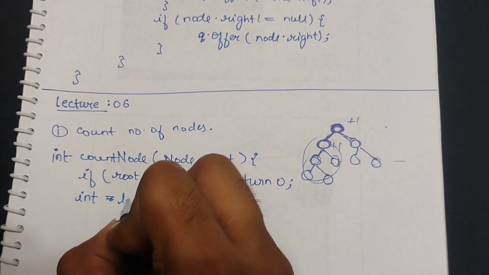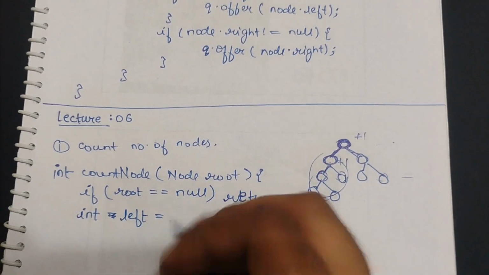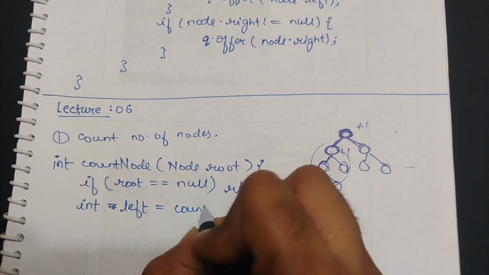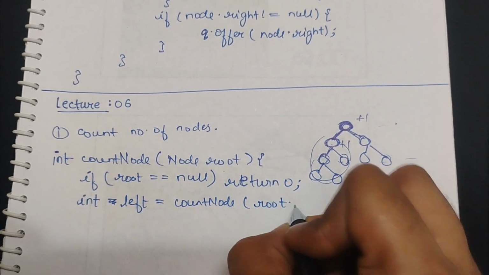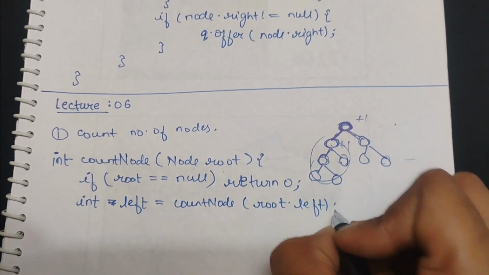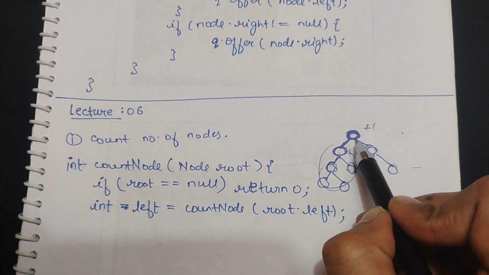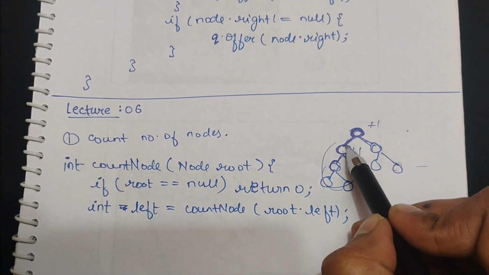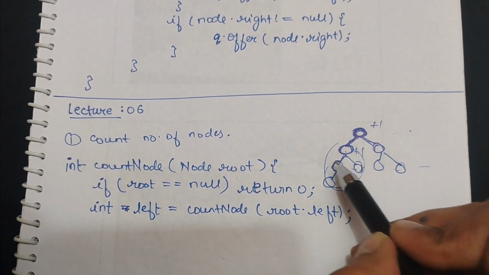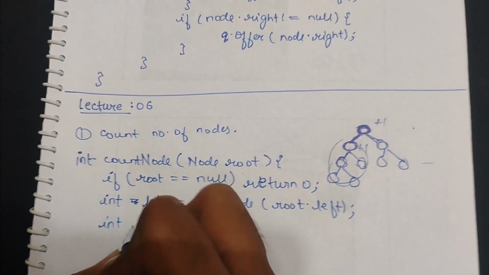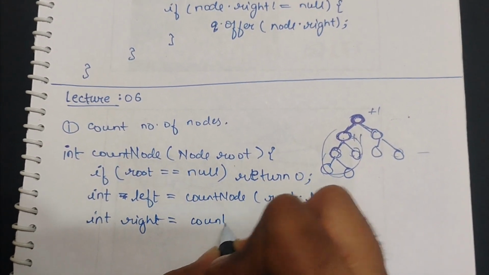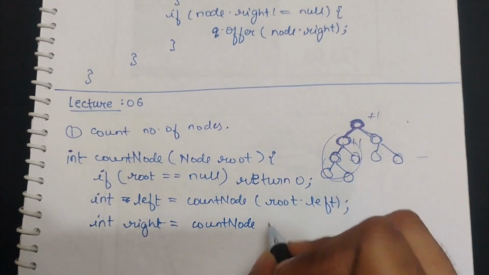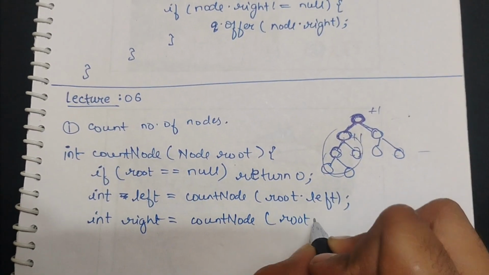So I'll take 2 variables, int left, and I'll call this function count node with the parameter root.left. For a particular node, it gives the count of nodes to its left, and similarly int right gives me the count of nodes to the right of any node.